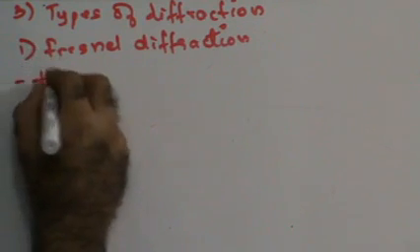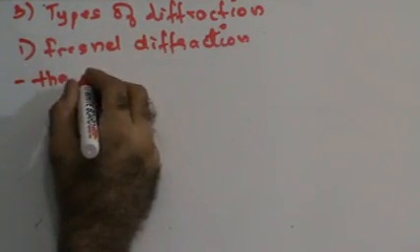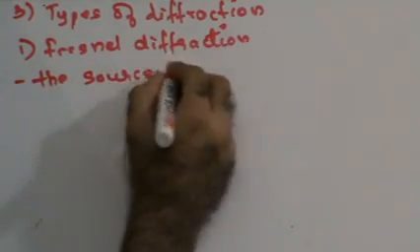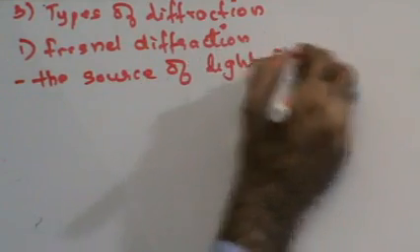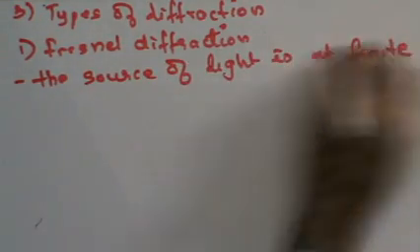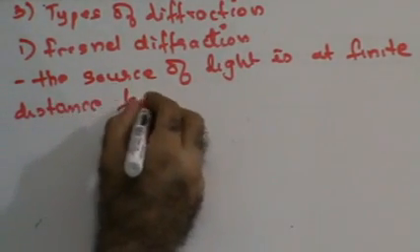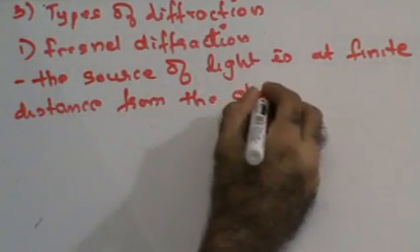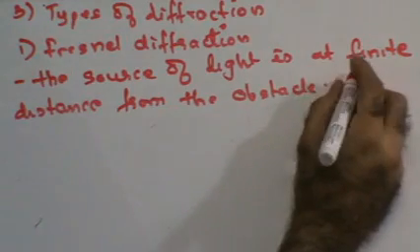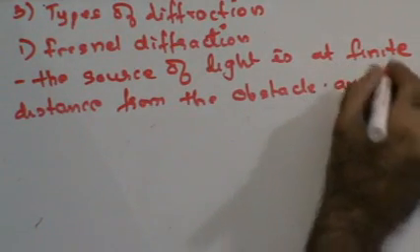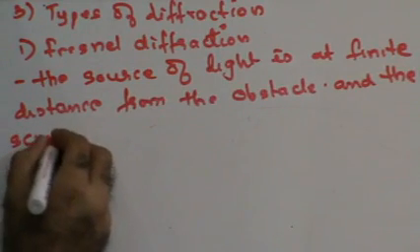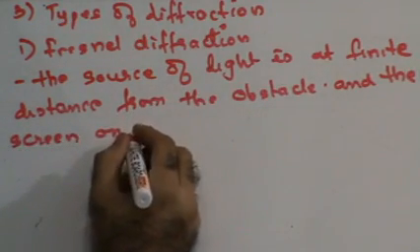In simple language, I would say that the source of light is at a finite distance from the obstacle and the screen on which the diffraction pattern is to be observed.